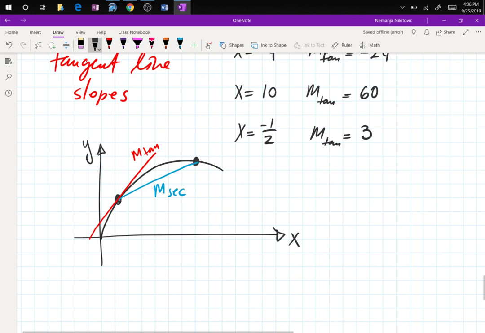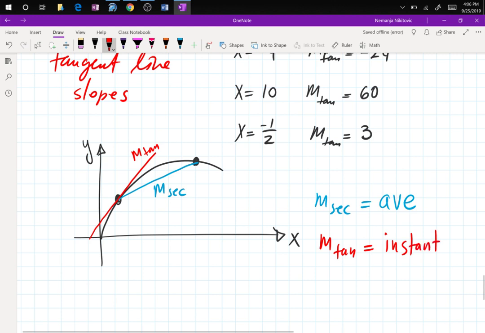What is the difference between these two? The blue line, m secant in blue, is going to be called the average. And the red one, m tangent, is going to calculate the instant.